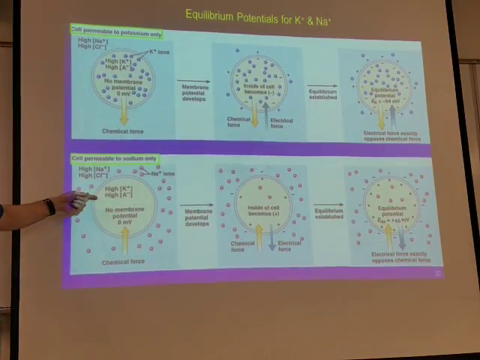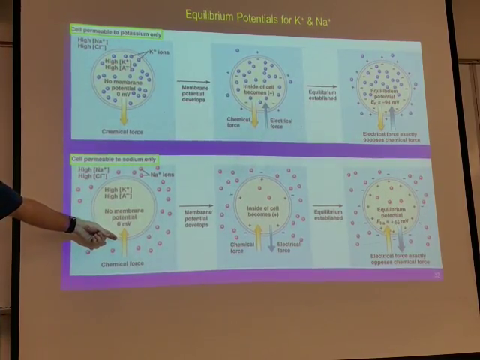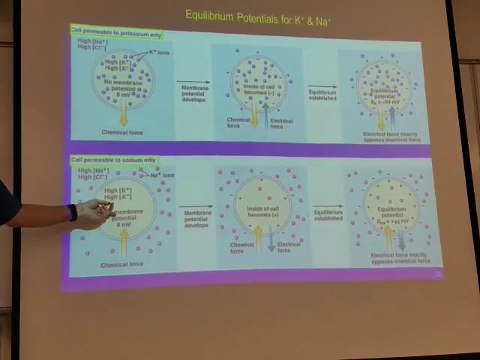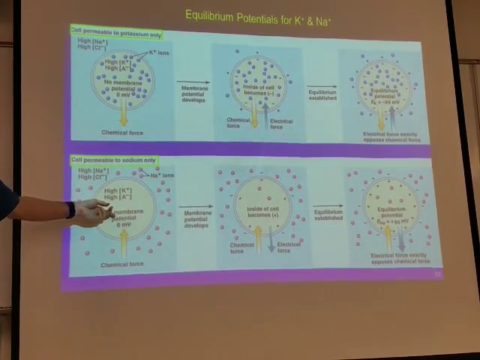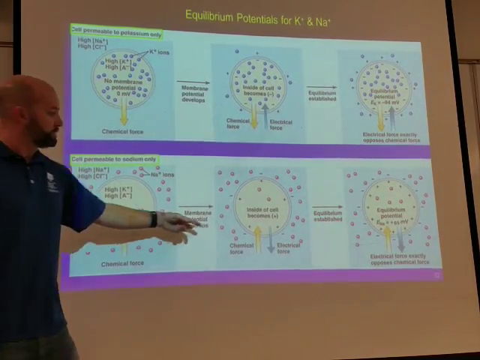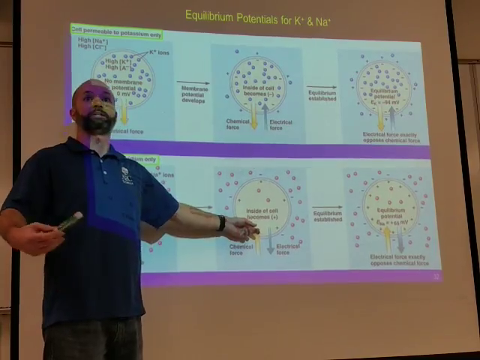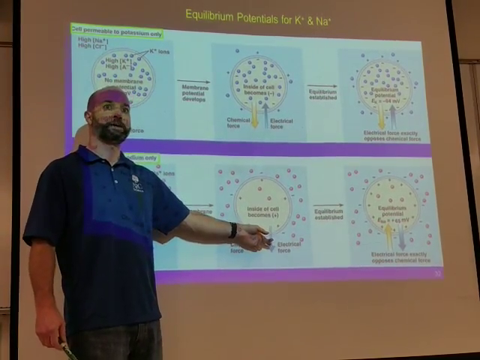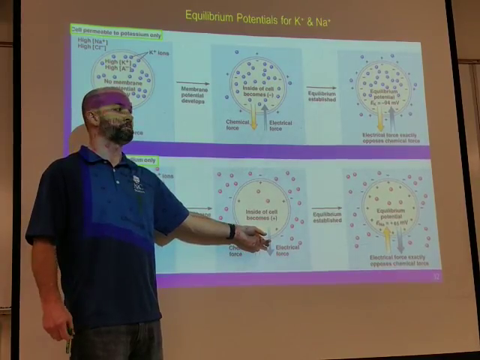Same thing for sodium. Suddenly open channels for sodium. No voltage at first. Starts coming in down its concentration gradient, but as it does, it starts making the inside more positive. Plus 10, plus 20, plus 30, plus 40. What's happening to the electrical force as sodium continues to enter?